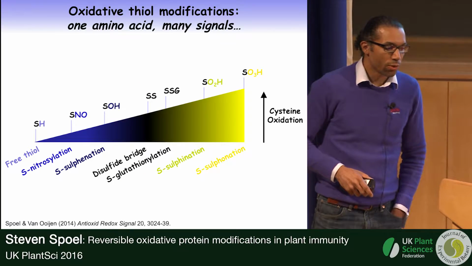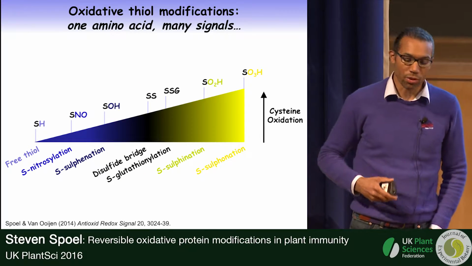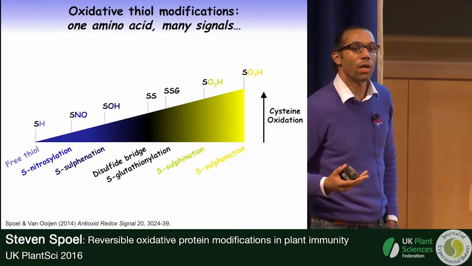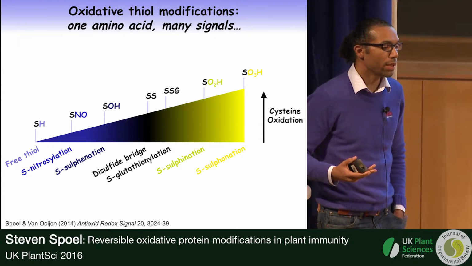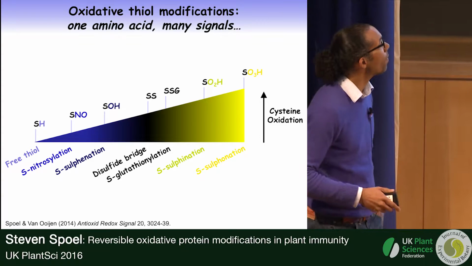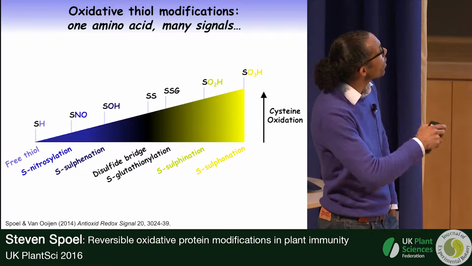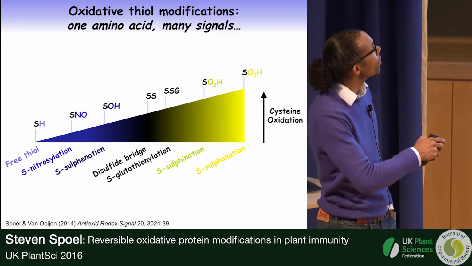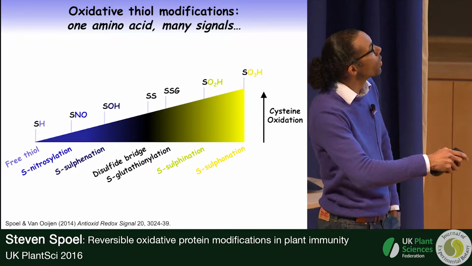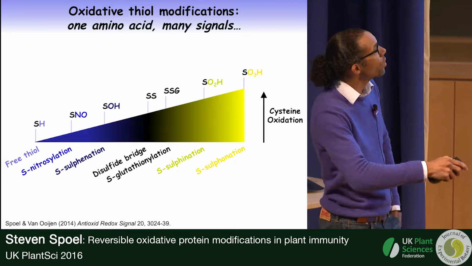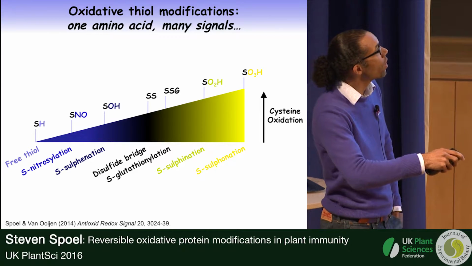Now, there isn't a single state for a cysteine residue. There's actually multiple states that can be attained by this quite complicated single amino acid. And so we can start with the free thiol, the completely reduced state, and work our way up an oxidative ladder in which you reach total oxidation over here.